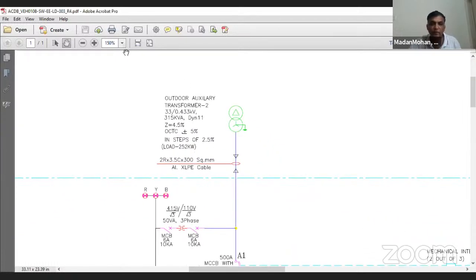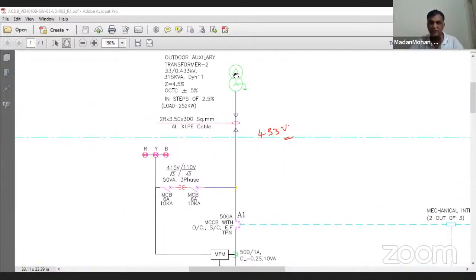In this SLD, your output LV side voltage we took as 433 volts. And your voltage regulation at this transformer, voltage regulation is nothing but voltage drop. I'm taking 2% as the regulation in the transformer.